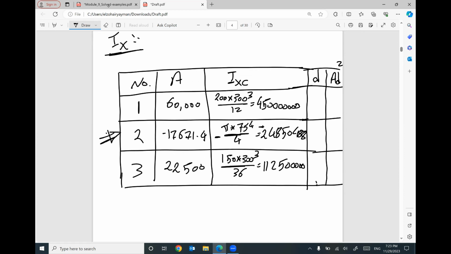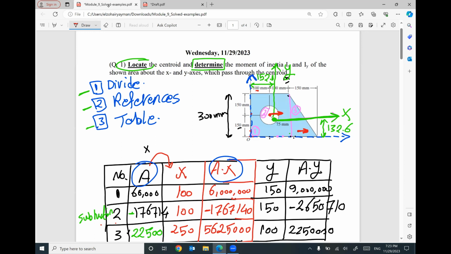What do you mean by distance? Okay. So here is the x-axis for the rectangle, part number 1. However, this is the x-axis for the whole area. What is the distance in between? You can find it by subtracting 150 minus 132.6. It will be 17.4.